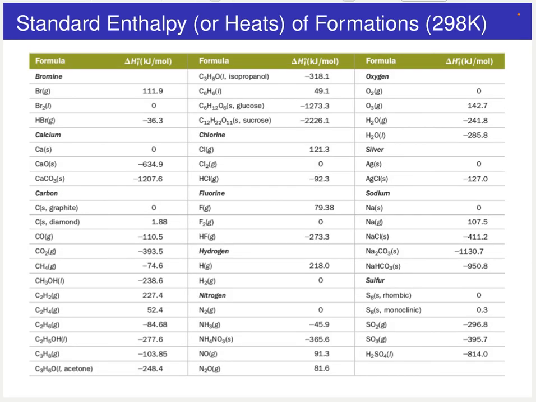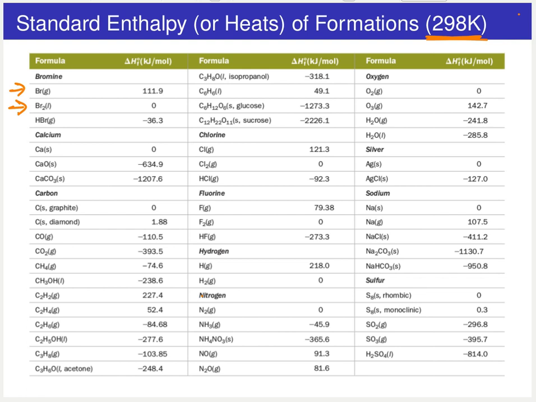So here's a typical sort of table that you would see that could be provided for you on an exam, for example, that's looking at the standard enthalpies of formation at 298 Kelvin. And so if we go through here, one of the first examples we just talked about were these diatomic gases, right?